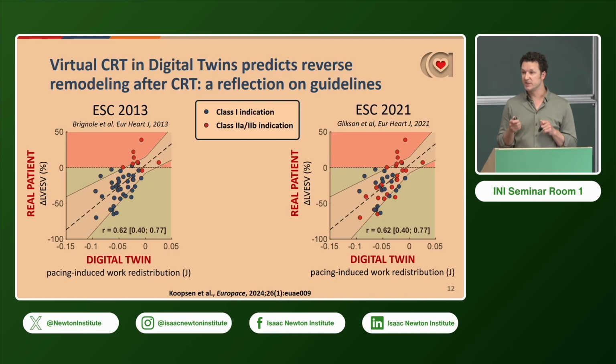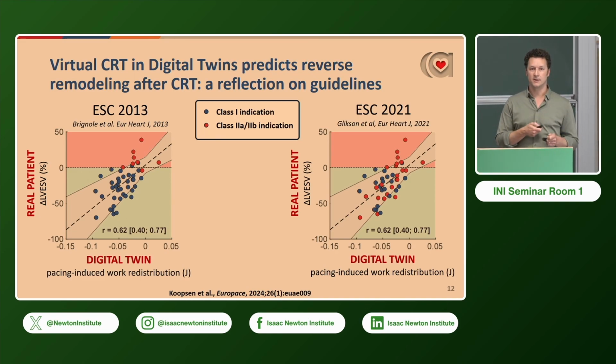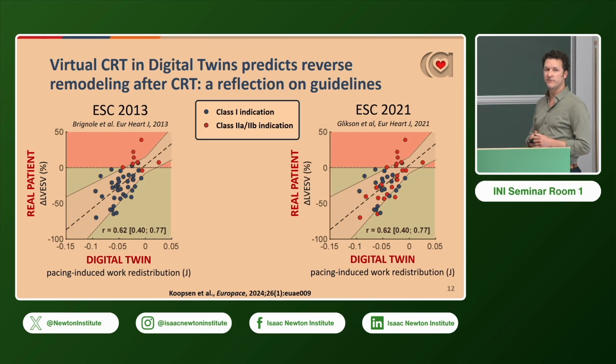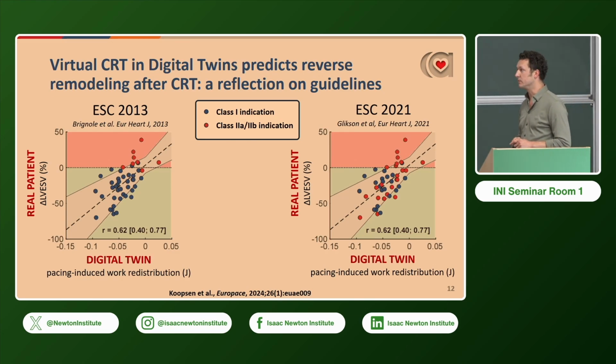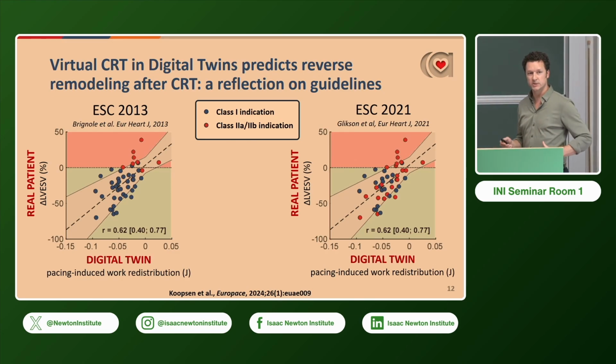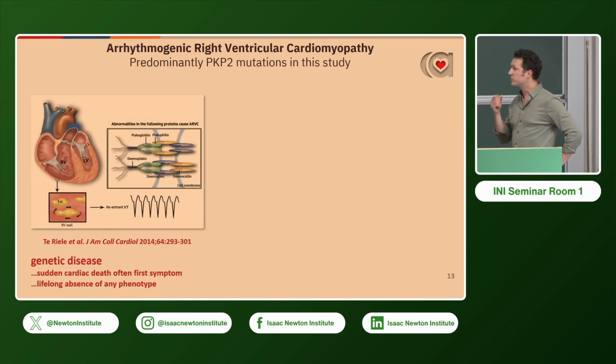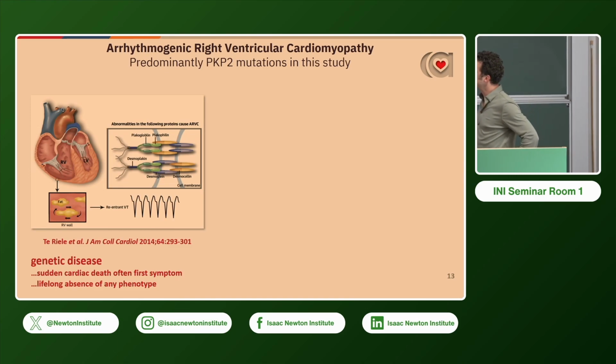Whereas these digital twins clearly predict a good response, at least they correlate with that. So this is somehow worrying, and this is how you can see how digital twinning might be useful if you put it in its clinical context. Okay, I have not much time left, but I'll do this very quickly.